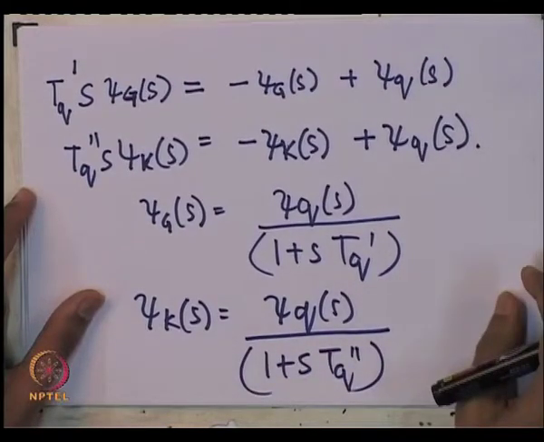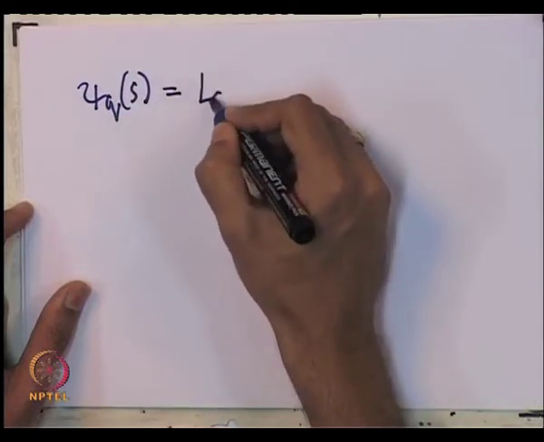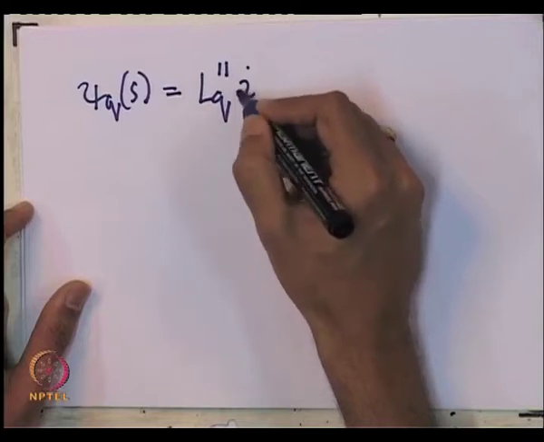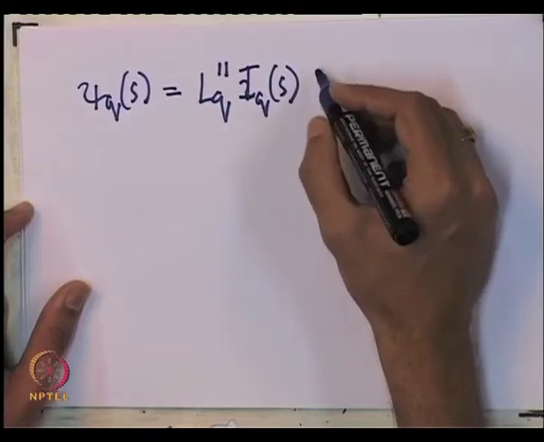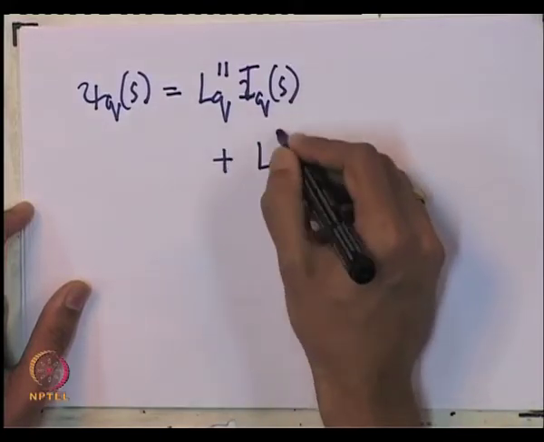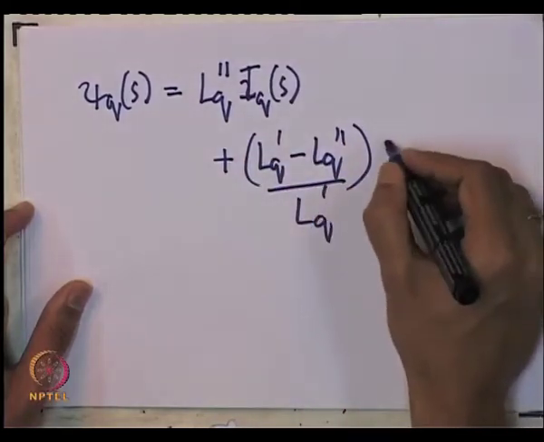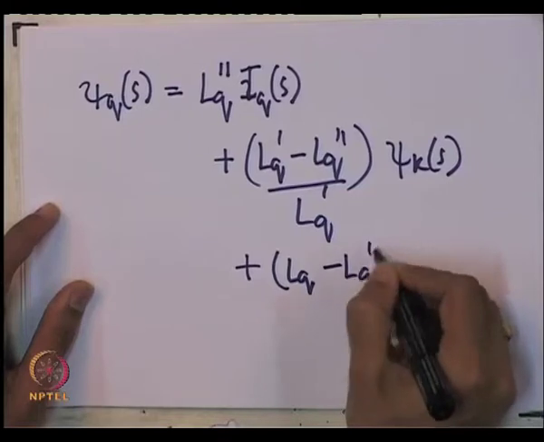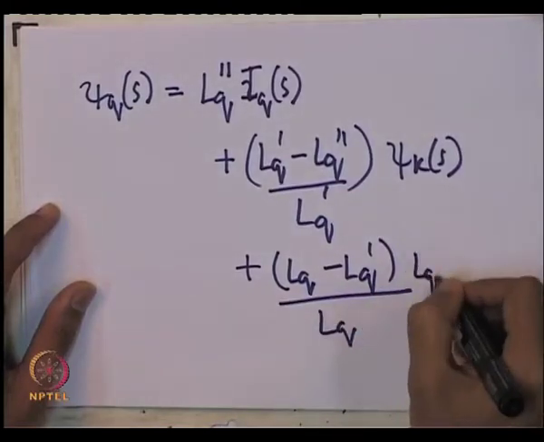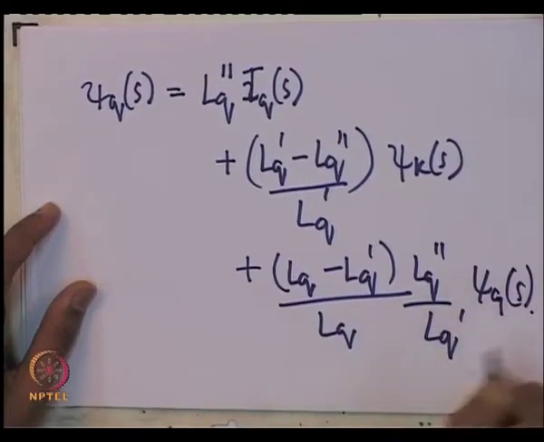And we also have psi q of s is equal to L q double dash I q of s plus L q dash minus L q double dash upon L q dash psi k of s plus L q minus L q dash upon L q dash psi g of s.